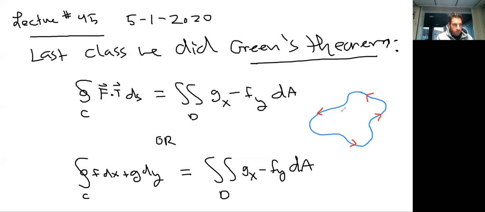So if this is D, this is our domain, and C is the curve. So let's shade this in so we're all aware. We're integrating this region.